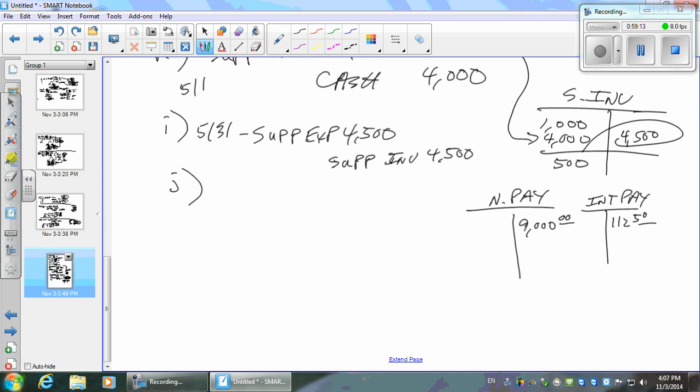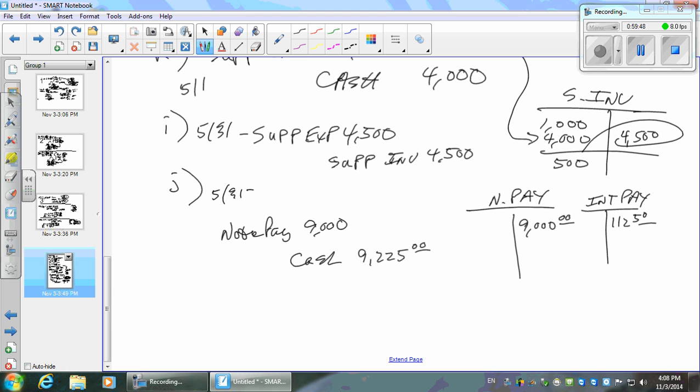So what would we do then on that one? How much cash am I going to pay out? 9,000 plus 112.50 for April's interest plus 112.50 for May's. Is everybody staying with me on that? So that's 225. 9,225. How much note payable are you paying off? $9,000.